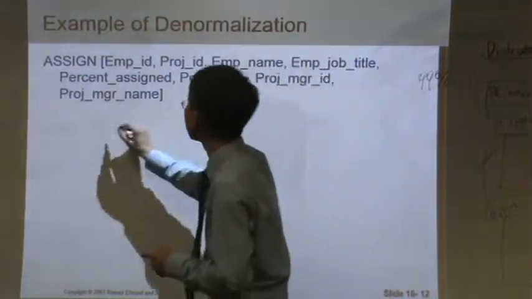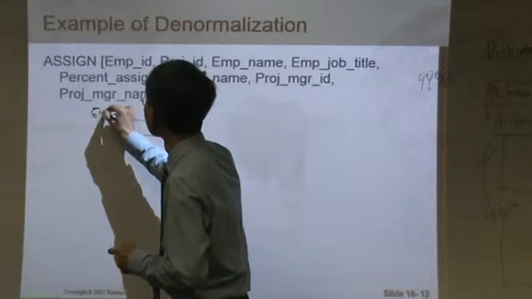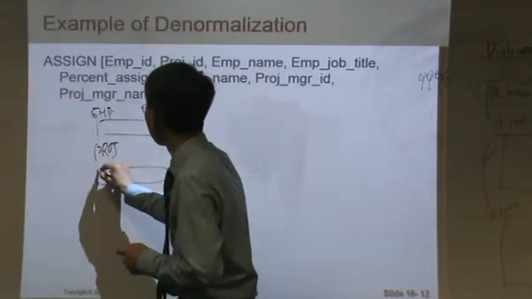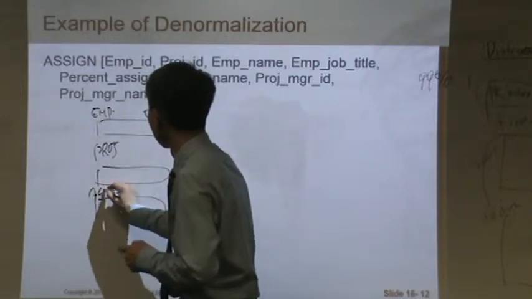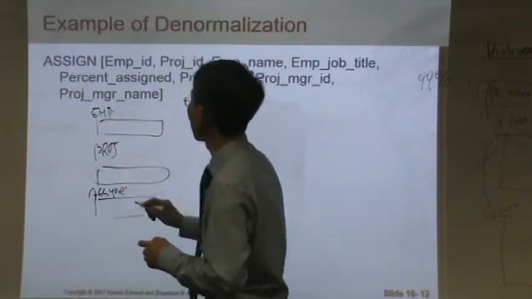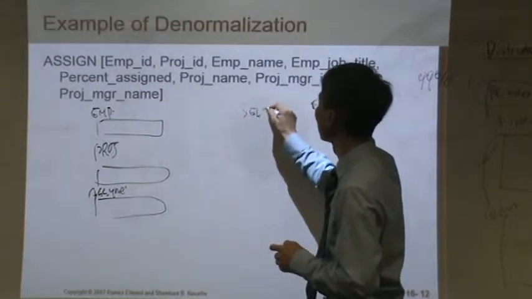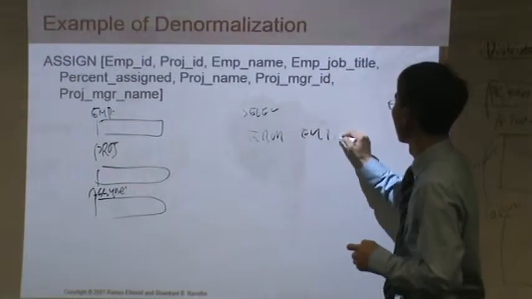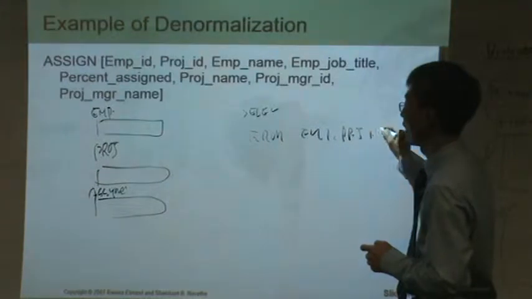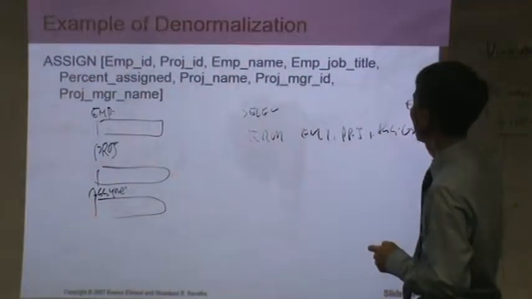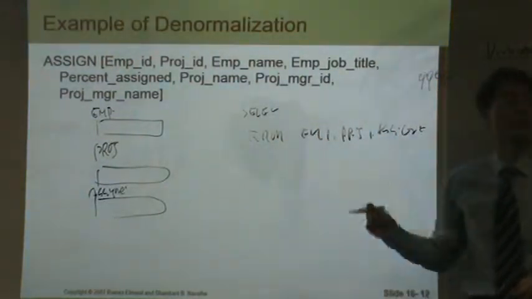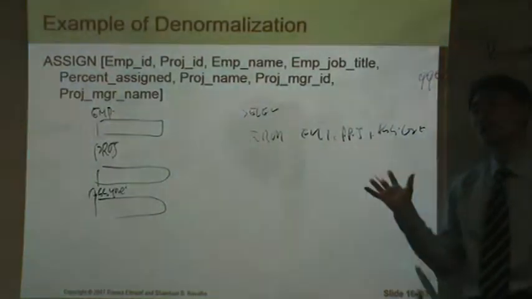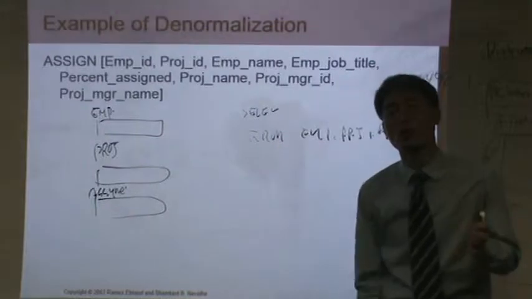But if you separate the employee table, project table and assignment table, you need to join. Select from employee, project, and assignment. You need to join 3 tables every time. So as I said, join is one of the expensive operations.